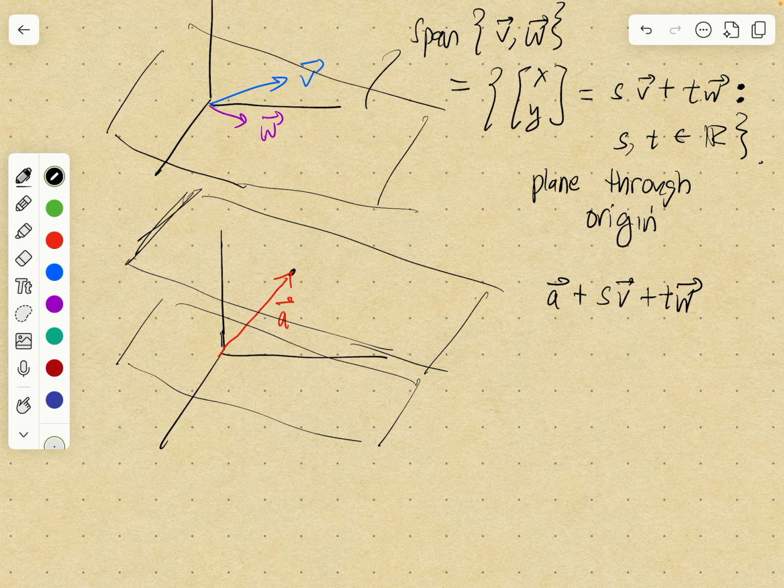And when you add A to all the vectors on the plane, you end up just translating all the vectors on this plane to this other plane. So that's this plane.